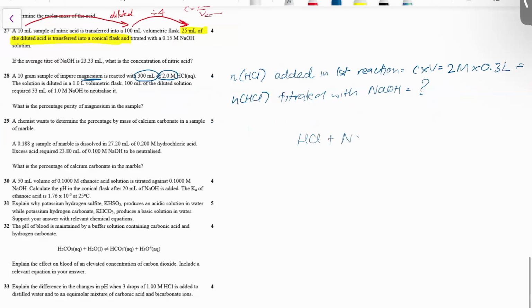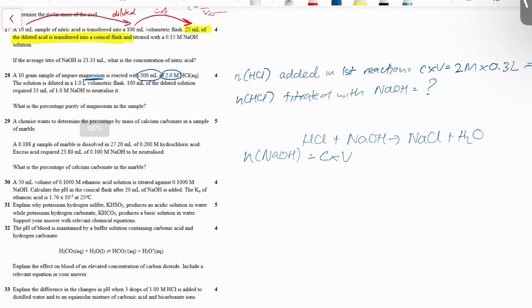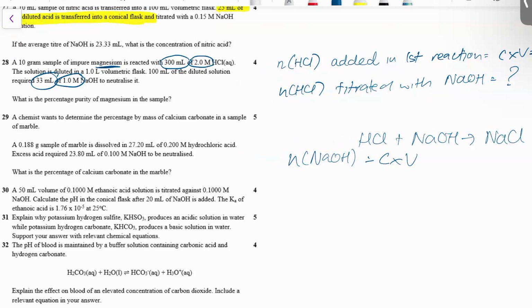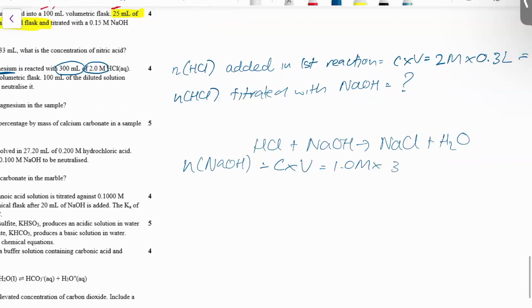HCl with NaOH turns into NaCl plus H2O. For me to know the moles of HCl that got titrated, I need to know the moles of NaOH that got titrated with it. Moles of NaOH, C times V, 1 molar and 33 mils. 1.0 molar times 0.033 liters gives me 0.033 moles.